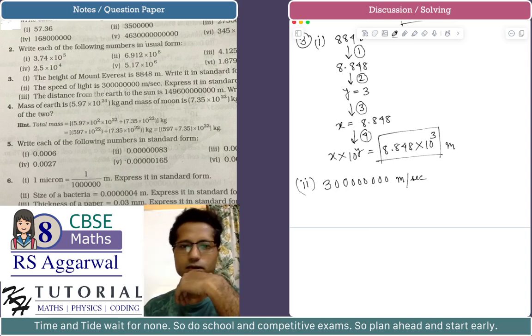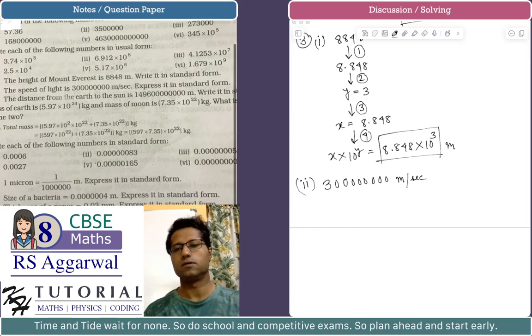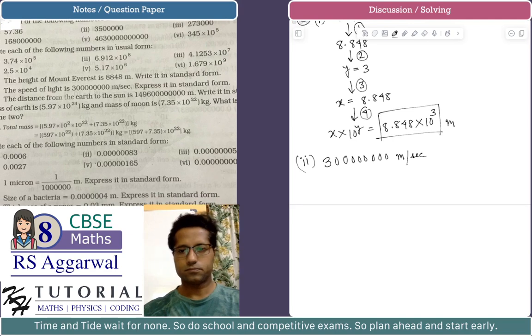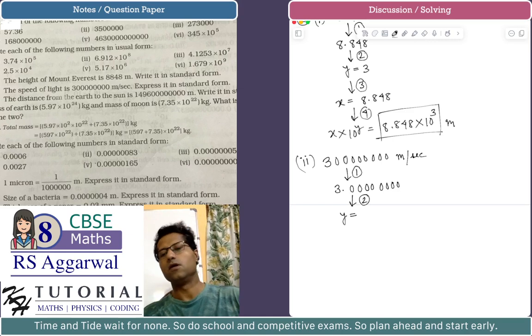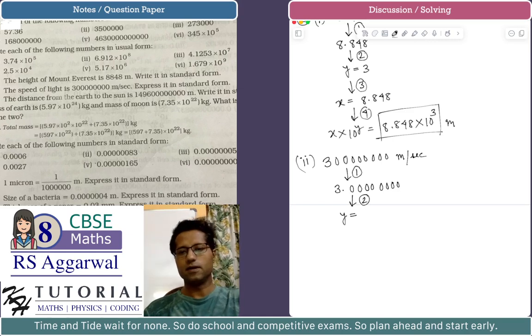Now we have to express it in standard form. As a first step, put a decimal point after the leftmost digit. That is, we have 3 point and obviously 8 zeros. Then step 2, you find the value of y, which is the number of digits to the right of the decimal point, and there are 8 zeros, so y will be 8.